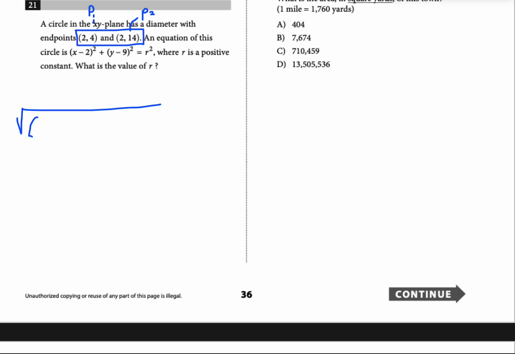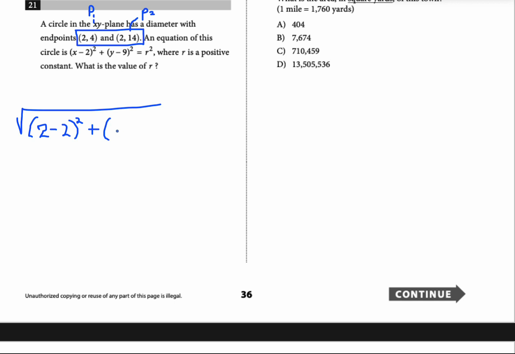We need to align the components, so we subtract x's from x's and y's from y's. So you take the 2 from point 2, subtract the 2 from point 1, and then you square it.